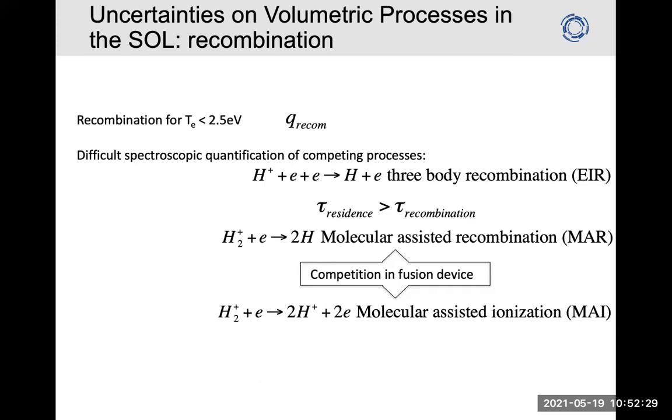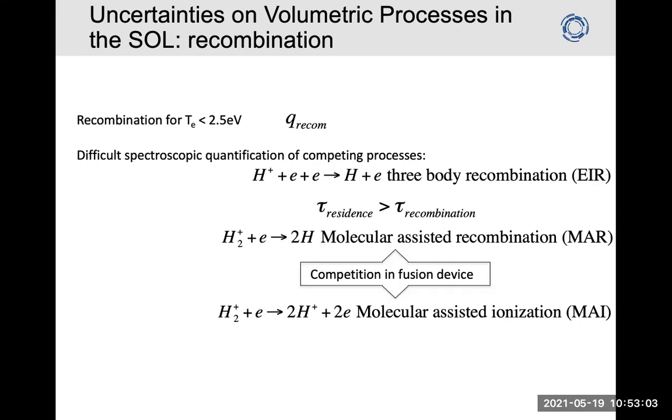The time for volumetric recombination to occur and the time for the particle to hit the target. Okay? So even if the temperature is very low, in some devices three-body recombination still may not play a role if the transit time of the ion across the plasma to hit the target is very short, because it hits the target much more likely than it will recombine despite the low temperature.